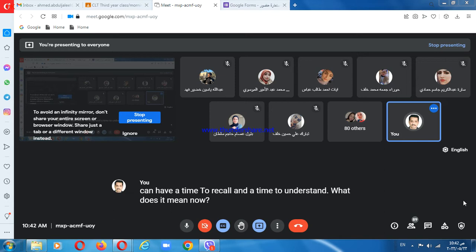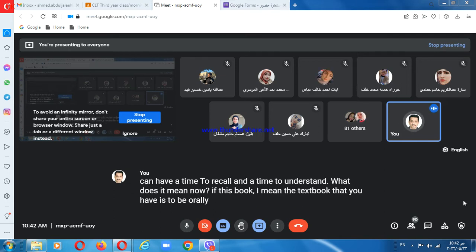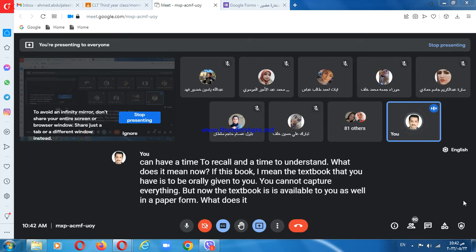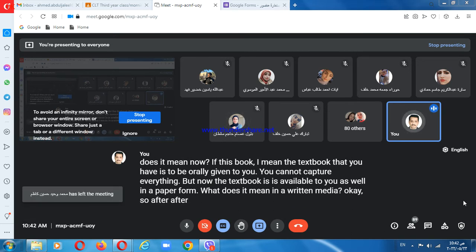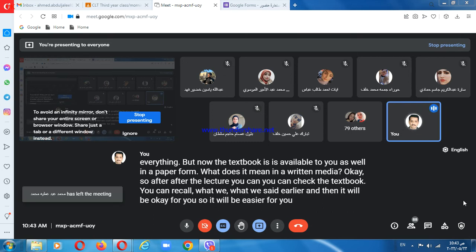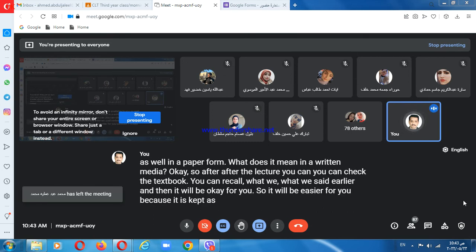Now, if the textbook that you have were given to you orally, you could not capture everything. But now the textbook is available to you in paper form, in a written medium. So after the lecture, you can check the textbook. You can recall what we said earlier, and it will be easier for you, because it is kept as something controlled.